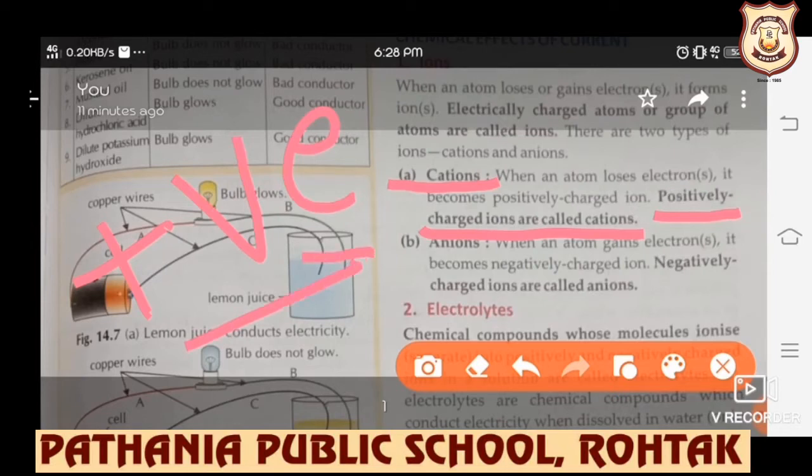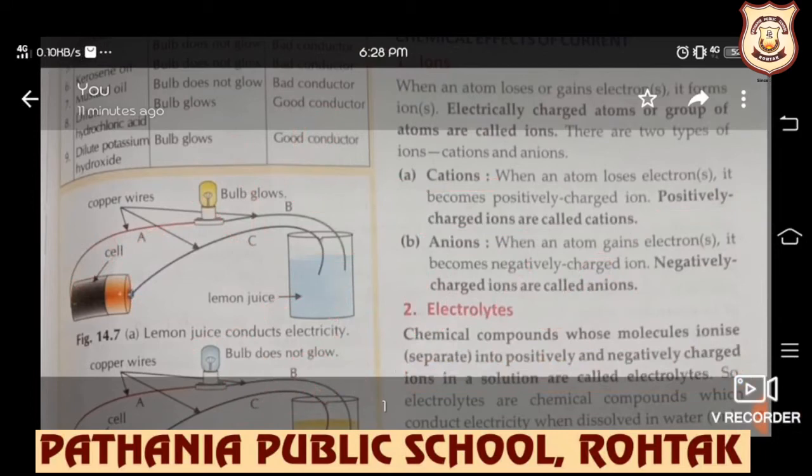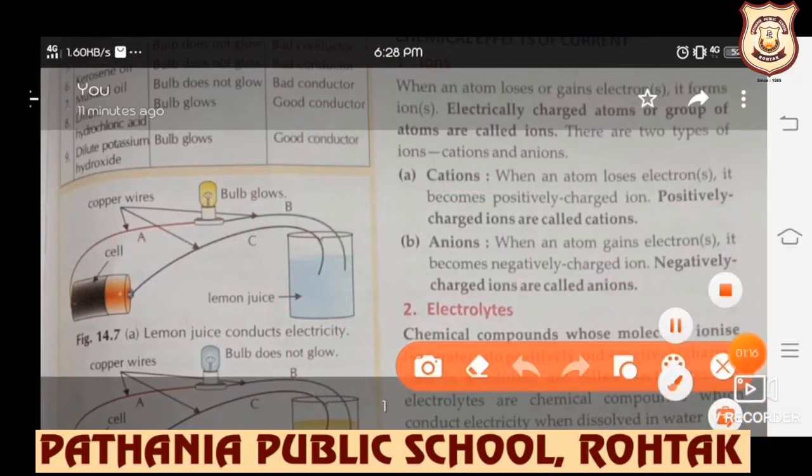When we donate something, जब हम किसी को कोई चीज़ donate करते हैं, दान करते हैं, then it is cations. When we receive something, when we are asking for some favor, then we become negatively charged. This is one way of remembering the thing. Cations, when we give something, we get positive charge.